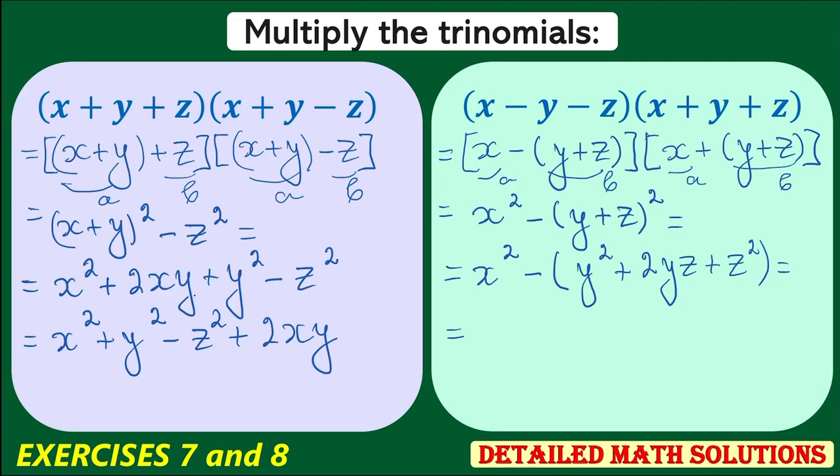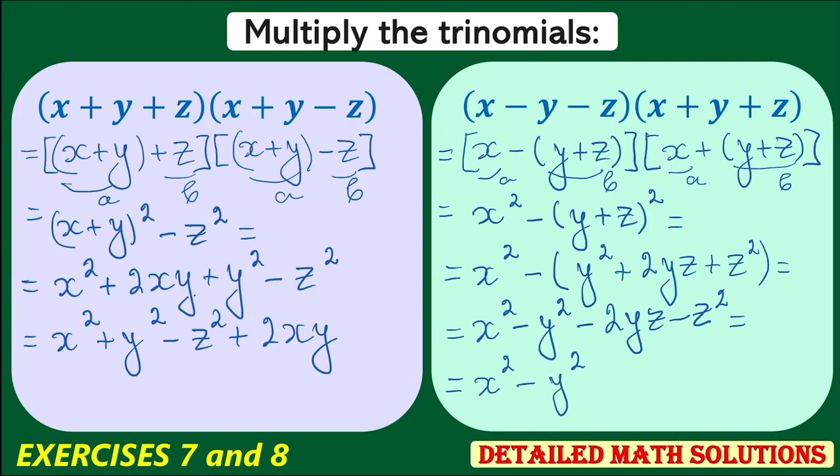I have a negative sign in front of parentheses, therefore, I need to flip the sign of each term within the parentheses. This will equal x squared minus y squared minus 2yz minus z squared. And lastly, I'm going to write this polynomial in standard form as x squared minus y squared minus z squared minus 2yz.